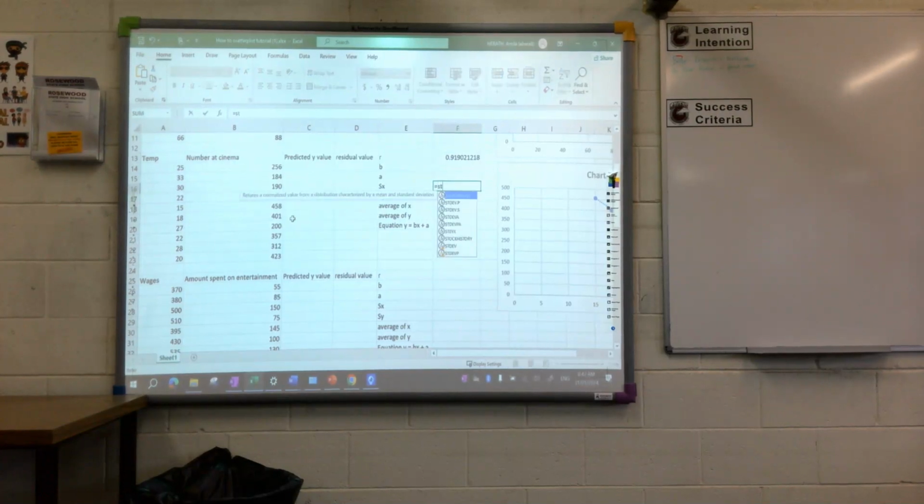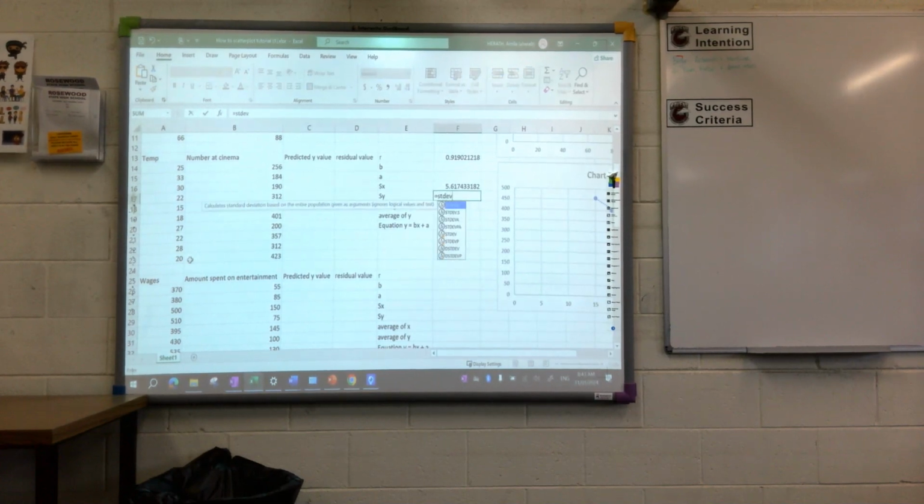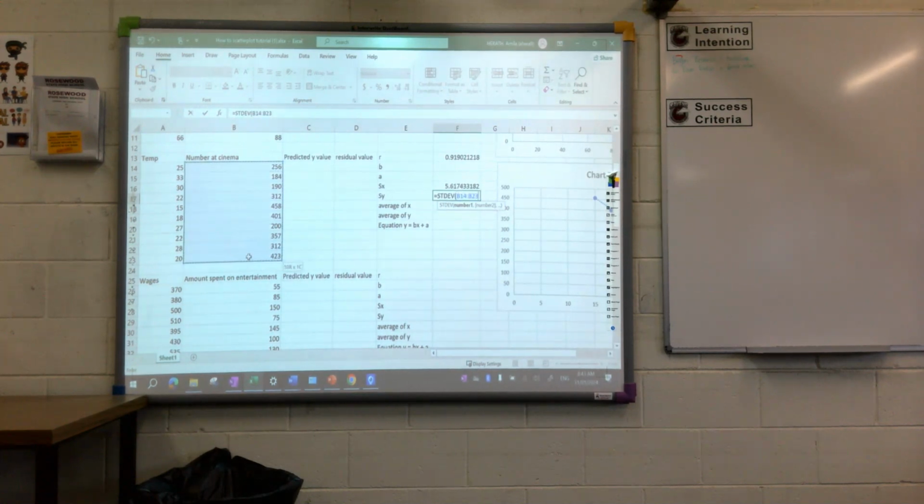Then we're going to find standard deviation of x and y. So again, STDEV for standard deviation. And we're going to highlight temperature as our x value. For standard deviation of y, again, STDEV, and then highlight our y values and close the bracket, hit enter.